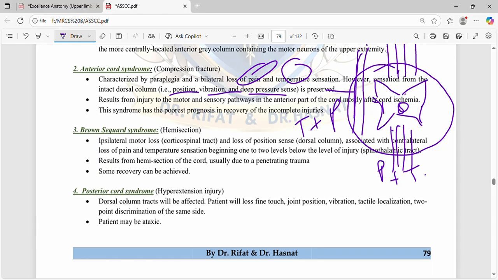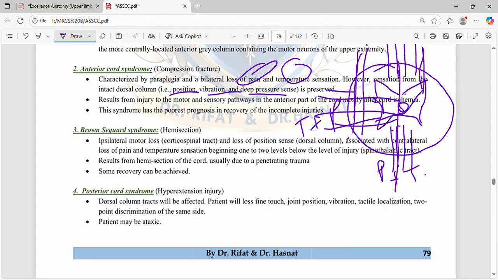Brown-Sequard is hemisection, so you cut half of the spinal cord. Since the pain and temperature pathways cross to the opposite side when they enter at this level, when there is a hemisection the symptoms will occur on the opposite side. The motor pathways go up on the same side and then decussate at an upper level.